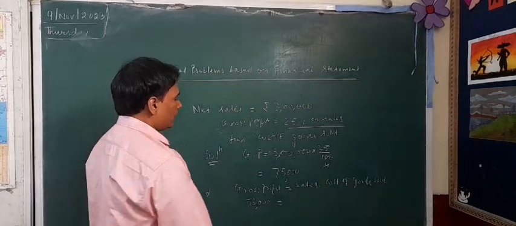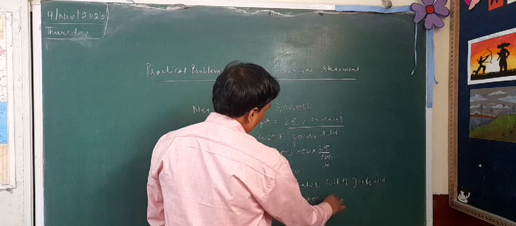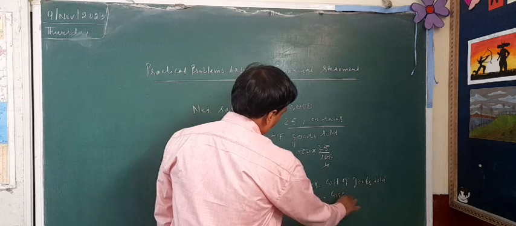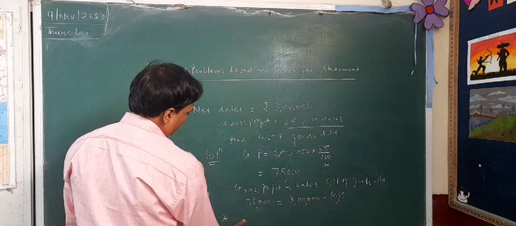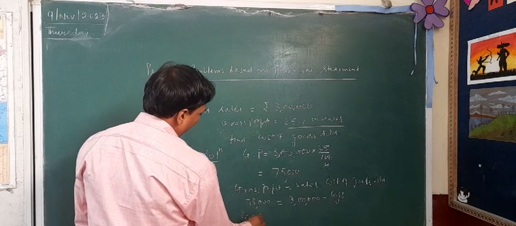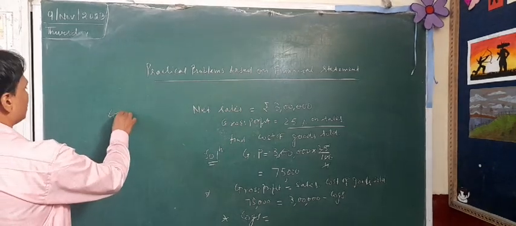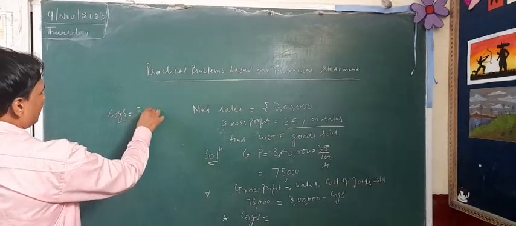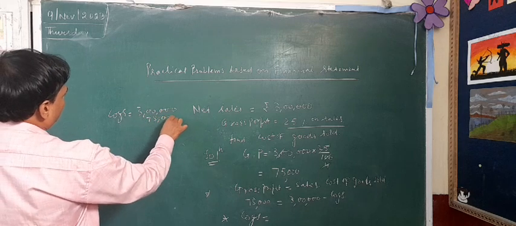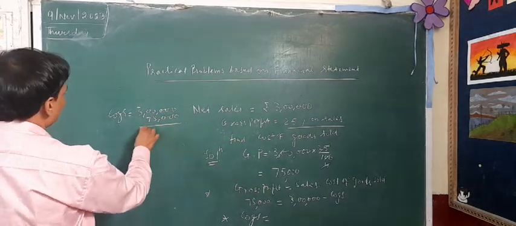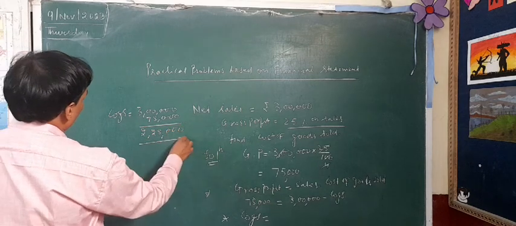Sale is already provided here, 3 lakh, minus COGS. As per our question, we need to find COGS, cost of goods sold. So 3 lakh minus 75,000, and after deduction you will get 2 lakh 25,000, the value of cost of goods sold.